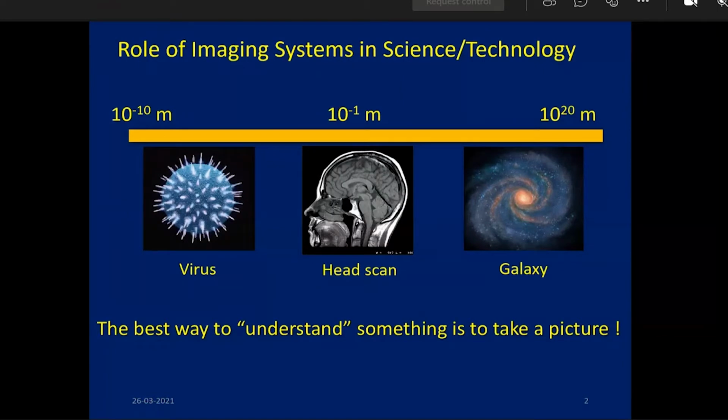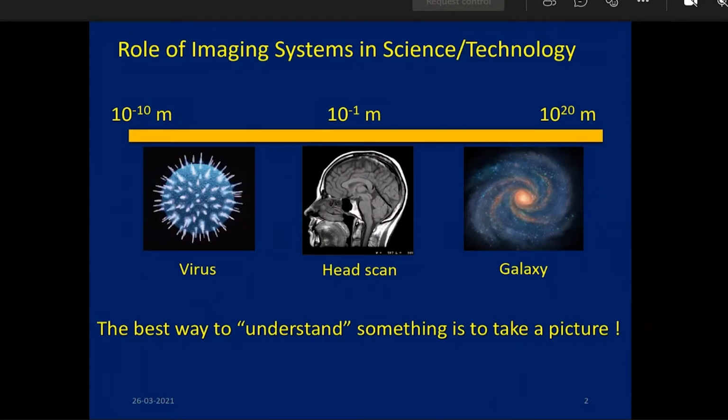And we are all familiar with these kinds of pictures. There is a virus at this end. In the middle, I have drawn a head scan as from an MRI system. The virus, this kind of model, may be generated via an electron microscope or cryo-electron microscope. Galaxy, again, is a pictorial depiction of that.